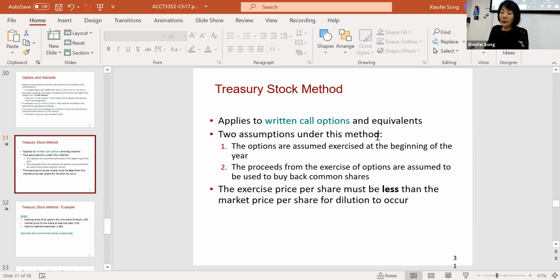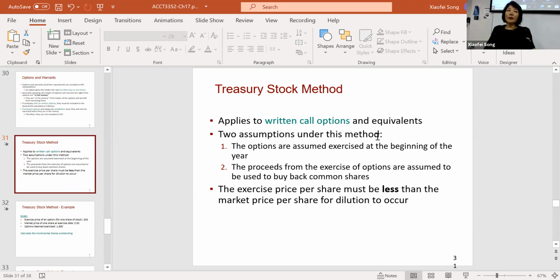If these options are exercised, what actually would have happened is the company will have to issue more shares. The company will receive the cash payment and issue more shares at the exercise price of the option. You will receive the exercise price and issue new shares.